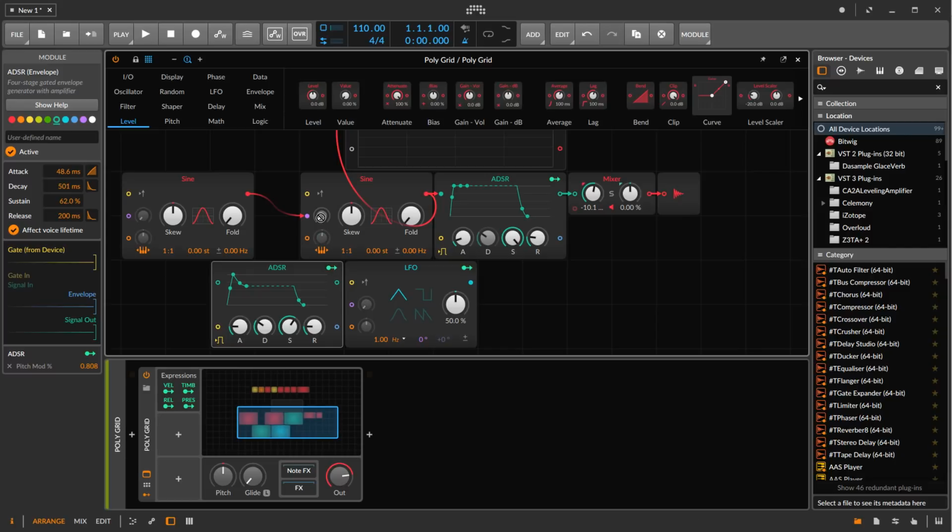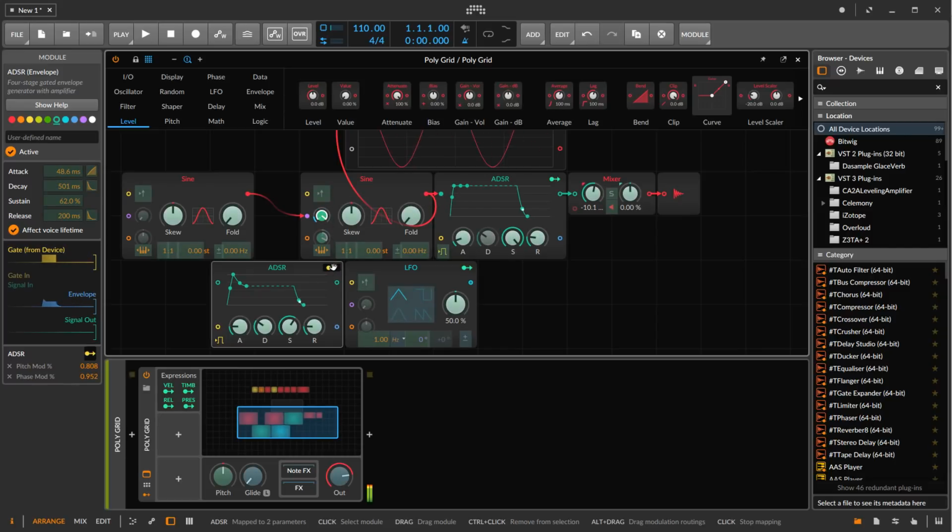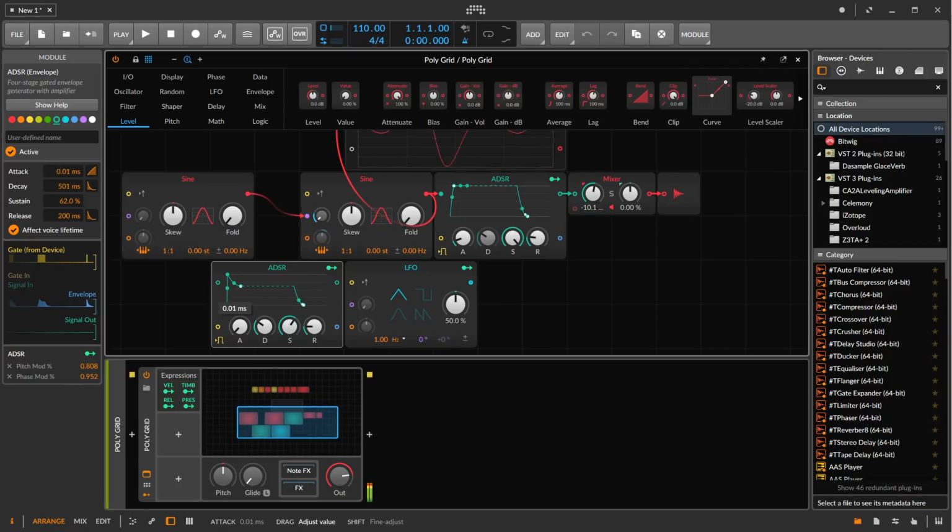If I envelope it like this, so coherent pitch and predictable timbre shifts, exactly what we're looking for.